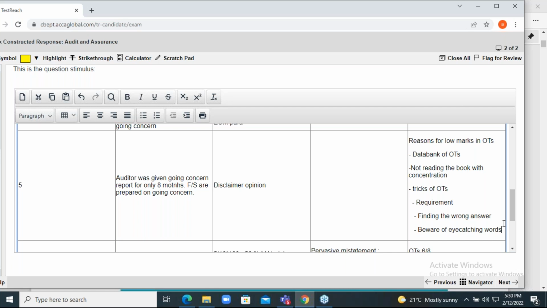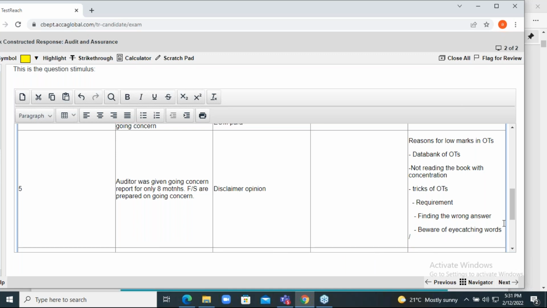So the important thing is that, beware of eye-catching words, read the full option. So you guys must read the full option.